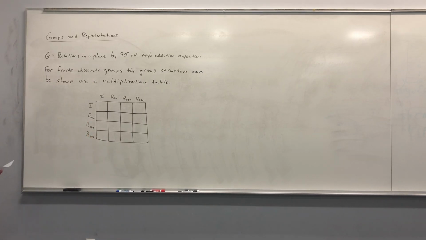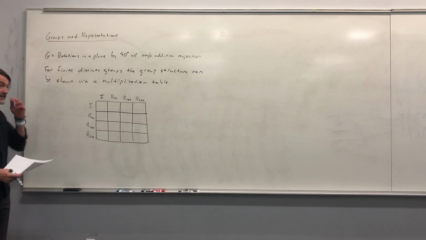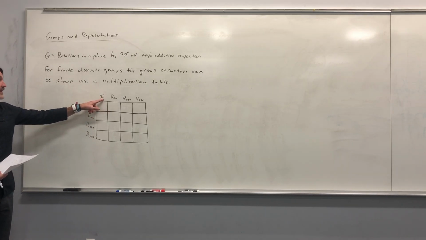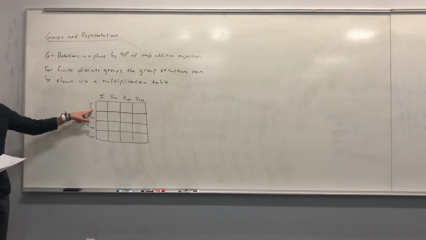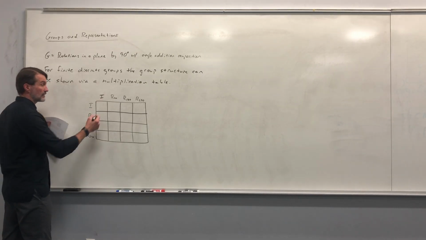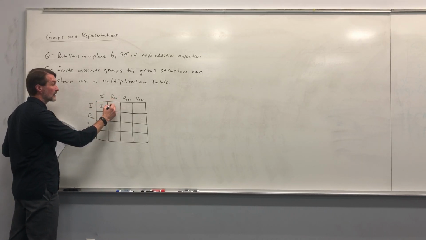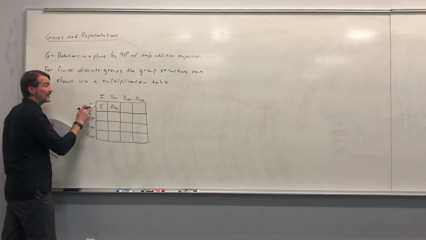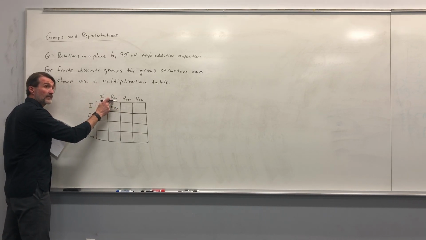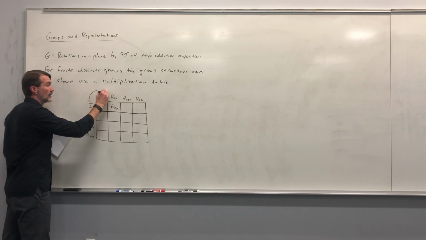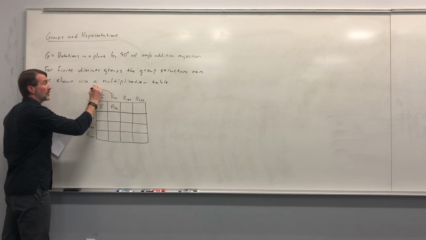Okay? And then I basically just fill in what I get when I take the identity and I compose it with the identity. What is that? The identity. What about the identity composed with R90? R90. Notice, when I take something from here and combine it with something from here, that's I composed with R90.